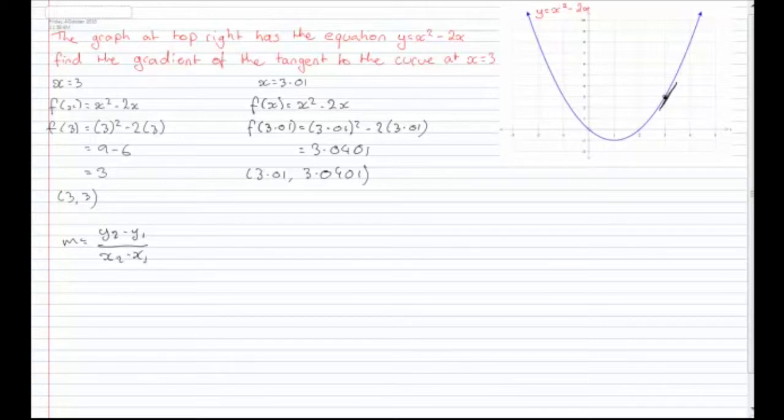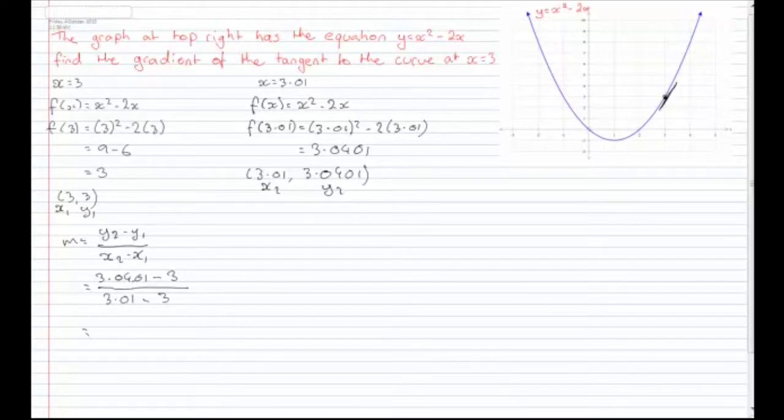Alright, we need to go through and label our points, so you've got x1, y1, x2, y2, and let's substitute it in now, so you got y2 being 3.0401 minus y1 being 3 over x2 being 3.01 minus x1 being 3.